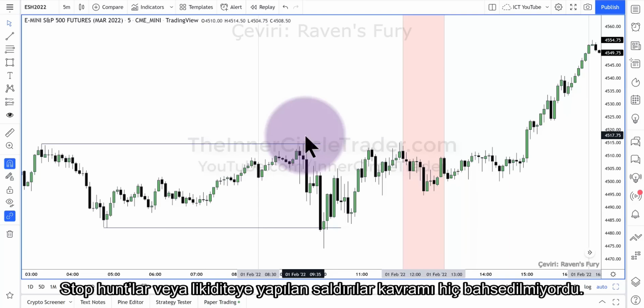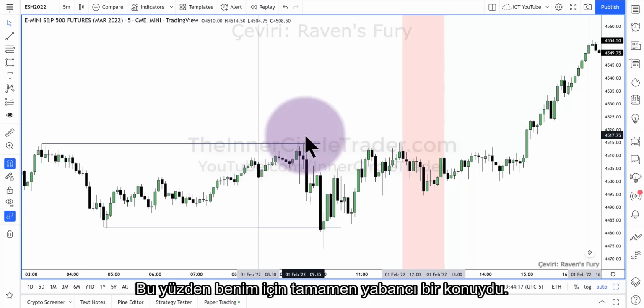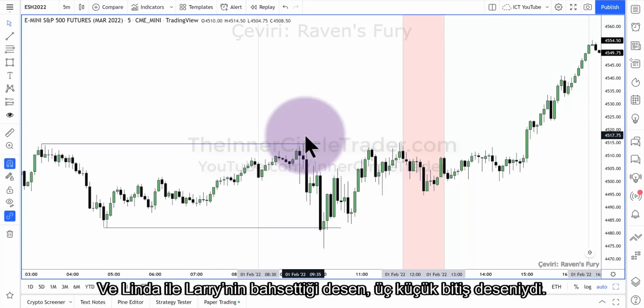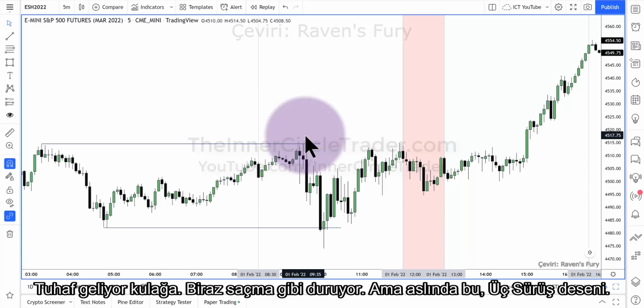And the idea of stop hunts or raids on liquidity never really came up. So it was an alien topic to me. So when I started delving into the charts and started looking at it, it helped me. And the pattern that she and Larry mentioned in there was the 3 little endings pattern. It sounds quirky, sounds a little silly, but it's basically the 3 drives pattern.